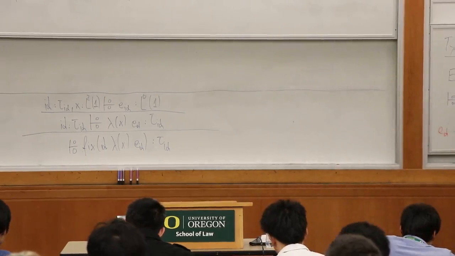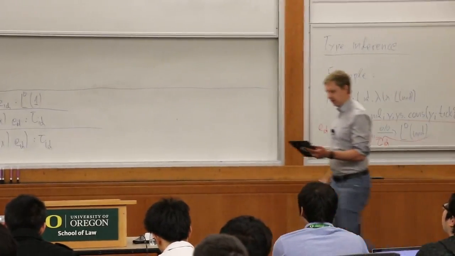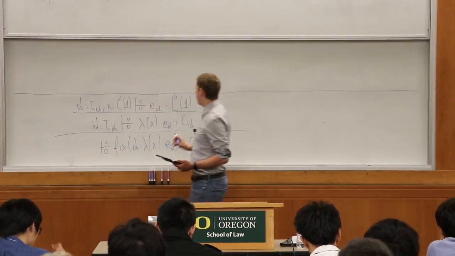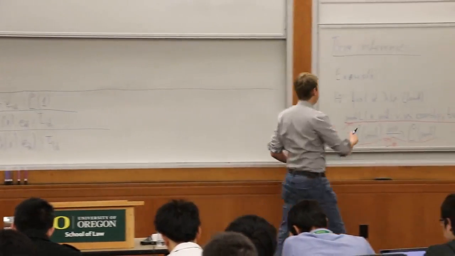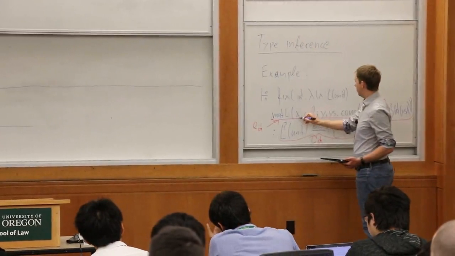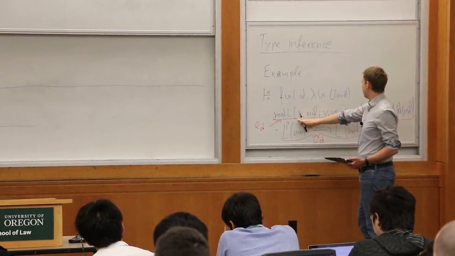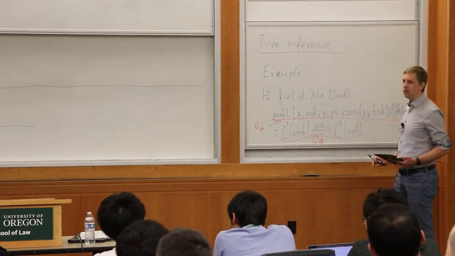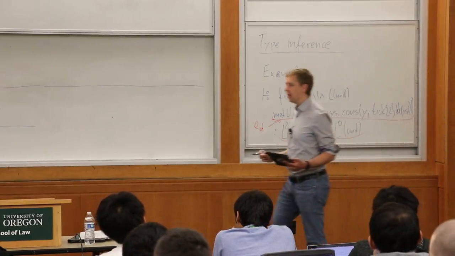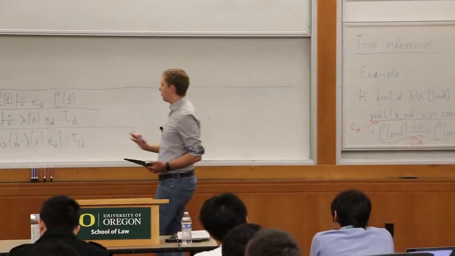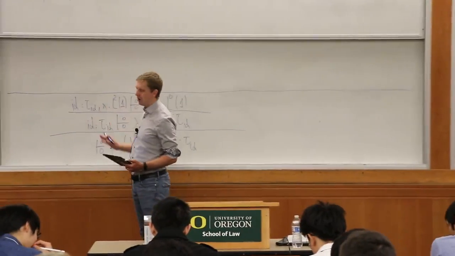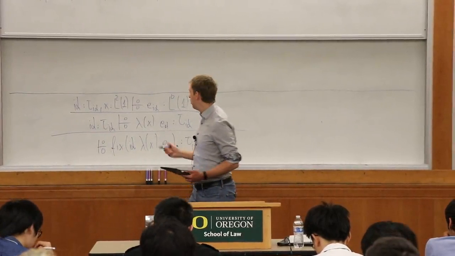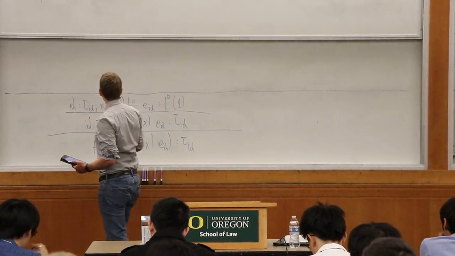Now we need lots of space here because this is a pattern match. So we have 3 premises. The first thing we have to do is split up our context. This is the E, and the X is the E, and the nil is the E1, and the cons is the E2. Some variables can go into the E, and some can go into the E1 and E2. What goes into the E?